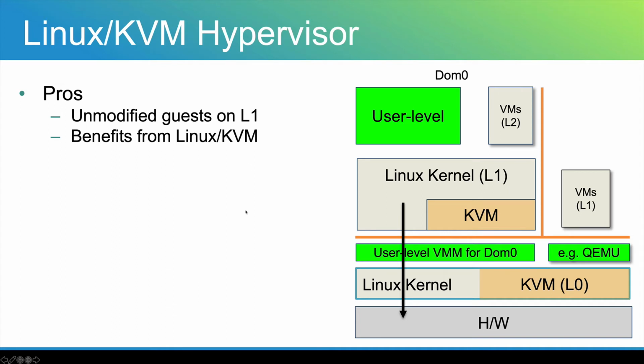The benefit as a hypervisor is that you can run an unmodified guest on L1 here. And since the hypervisor is Linux KVM, you can continue to benefit from Linux KVM.